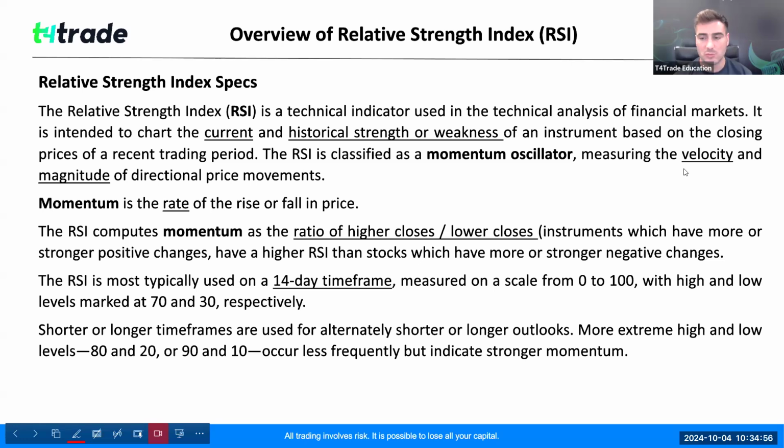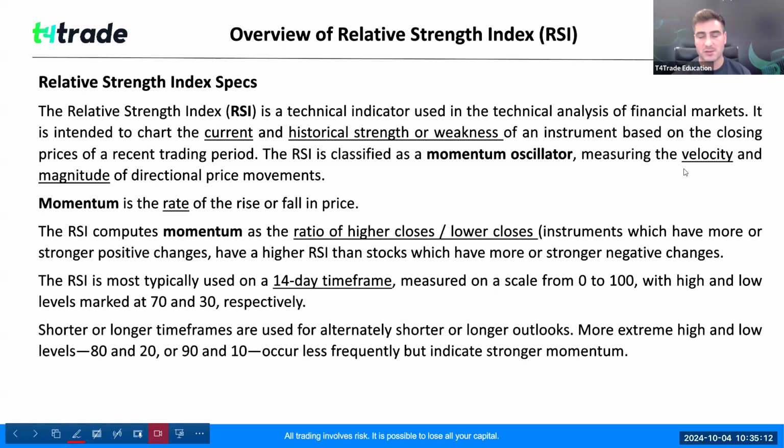So what is momentum at the end of the day? It is the rate of the rise or fall of prices. Okay, how fast or far, or how slow the price action is moving. This is what momentum is.